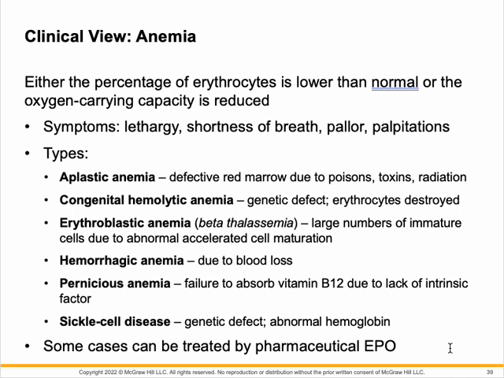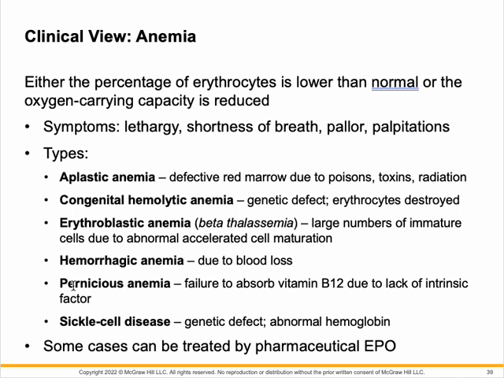It may be due to something like sickle cell disease, sickle cell anemia. It may be due to blood loss, so hemorrhagic anemia, essentially you have lost so much blood that you now have a decreased ability to bind and transport oxygen. It could be pernicious anemia.